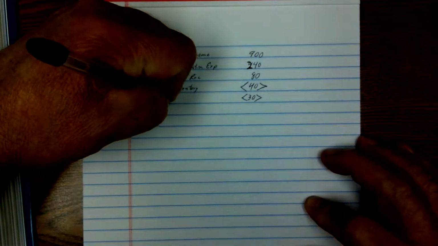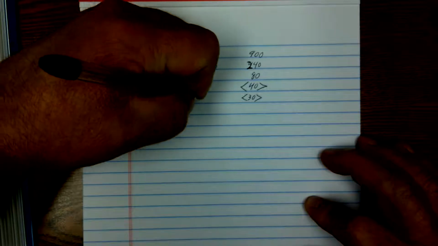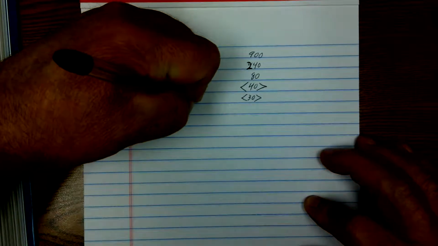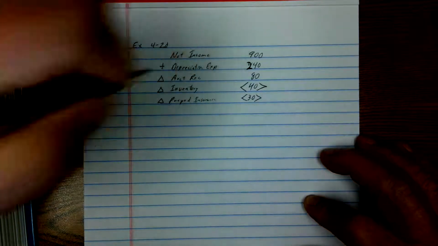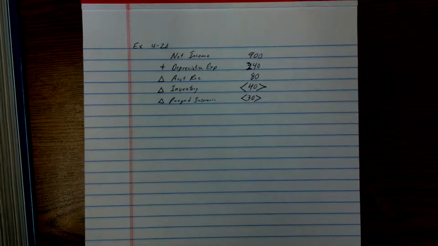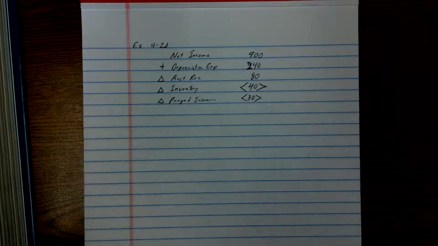Prepaid insurance also went from 20 to 30, so that's an increase, which means a decrease in cash of 30, and that's from prepaid insurance. Equipment is going to be an investing activity, so we don't do that. Then we go down to our liabilities and shareholders' equity. We don't do those financing items here; we're going to do that later.